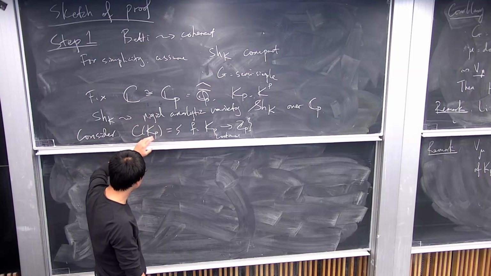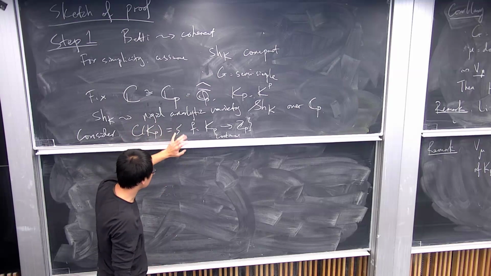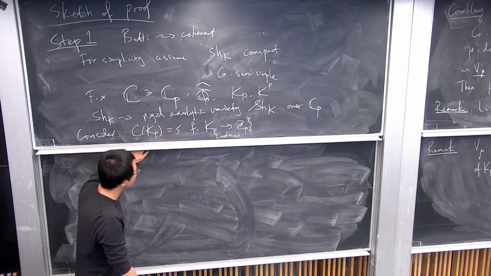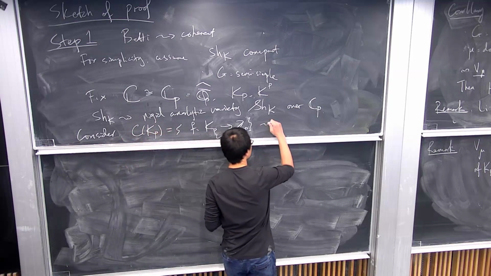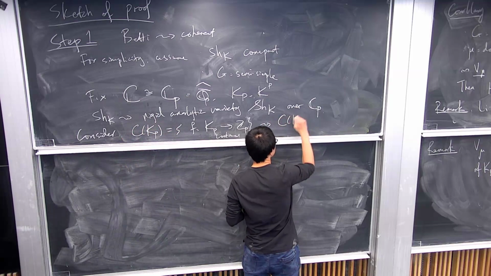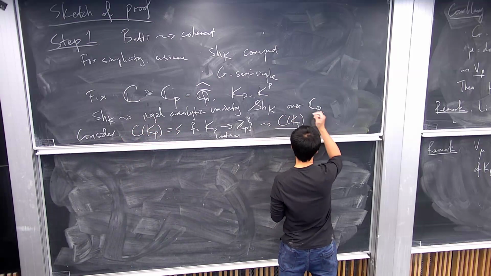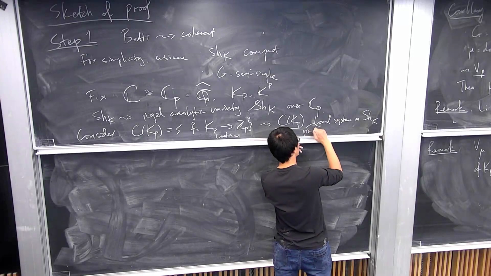You can view this as a representation of K_p, depending on which side of action translation you use. From it I can define a local system, still denoted by C(K_p) underlined. This is a huge, infinite dimensional local system. I forgot to say, the pro-étale local system.